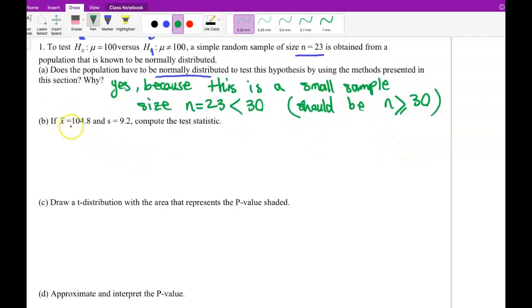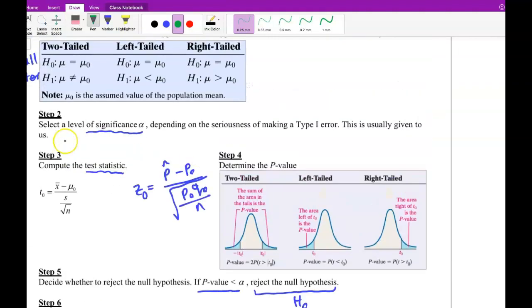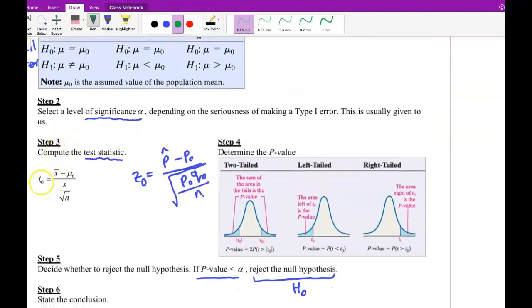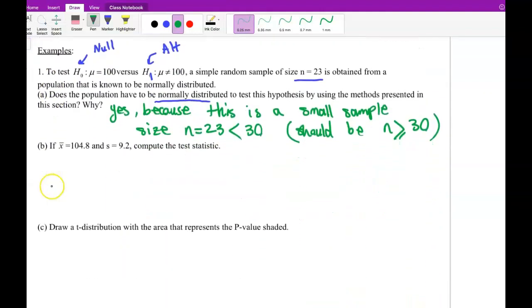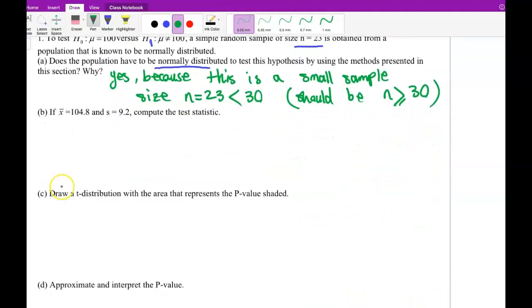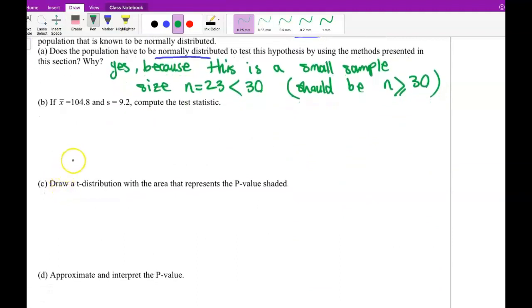Okay, part B, if the sample mean is equal to 104.8 and the sample standard deviation is equal to 9.2, compute the test statistic. Based on what we had here in step number 3, finding T0, x bar minus mean divided by sample standard deviation divided by square root of n.